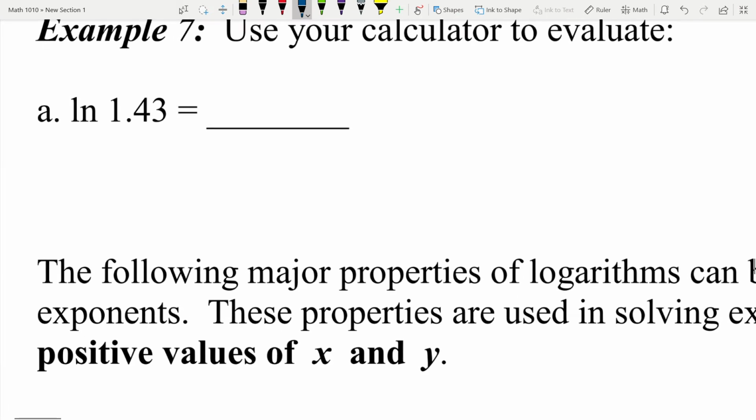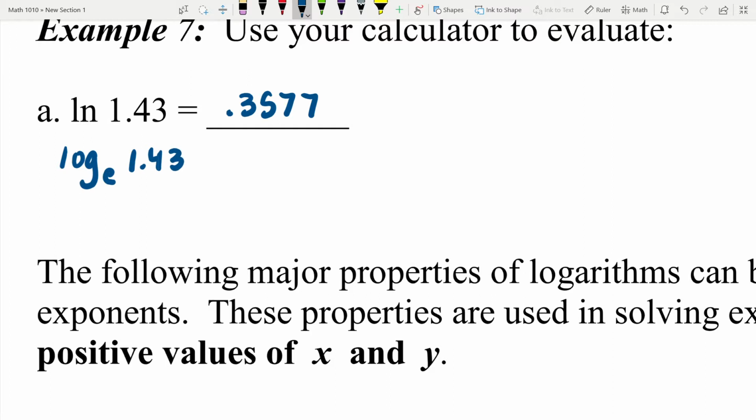You also have an ln button. Everybody go ln 1.43, close it off, hit enter. We're going to go 4 digits, 0.3577.